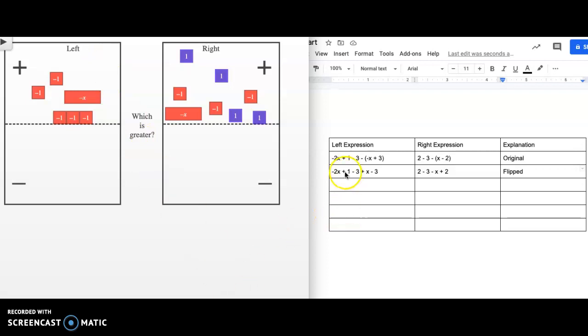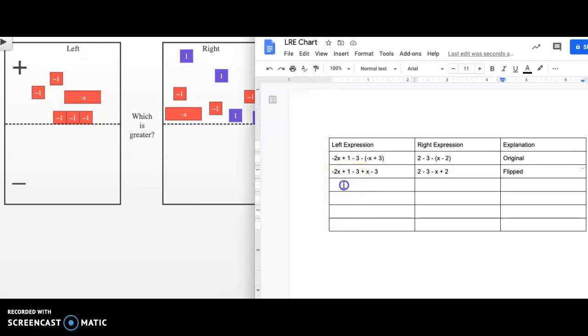Okay, and so if you see what we did here, that negative 2x, when we removed that negative x and that positive x, we were left over with one negative x, or just negative x. And then when we removed a positive 1 and a negative 1, we were left with 1, 2, 3, 4, 5, or minus 5.